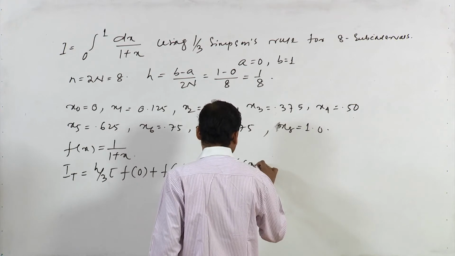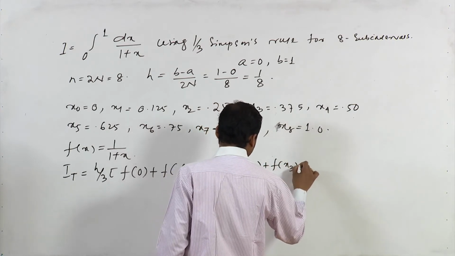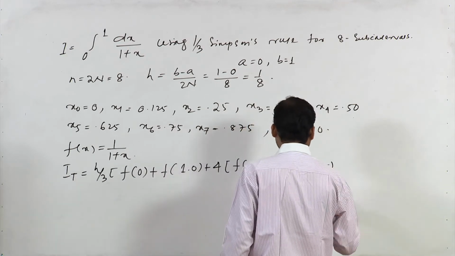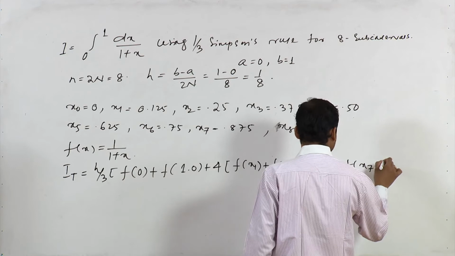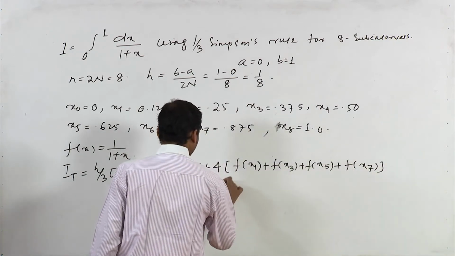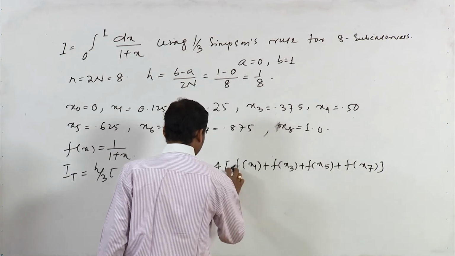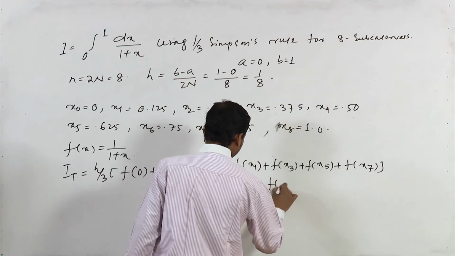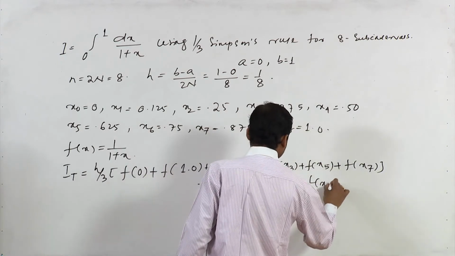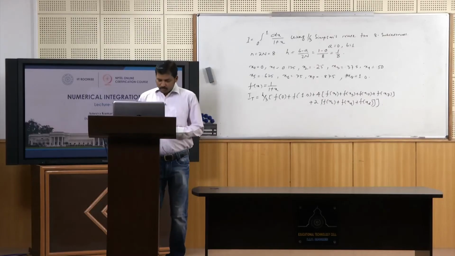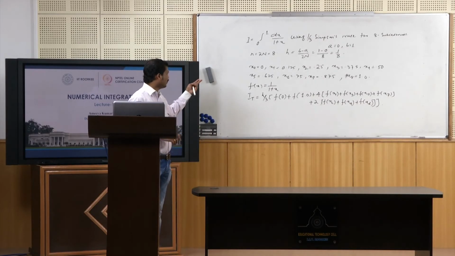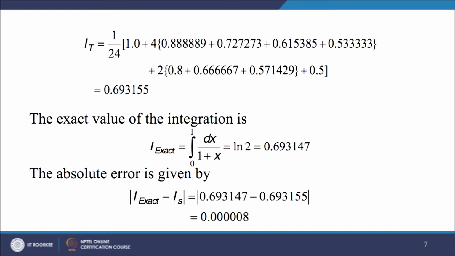If you put all these functional values at the corresponding nodal points in this formulation, you obtain the value 0.10615.